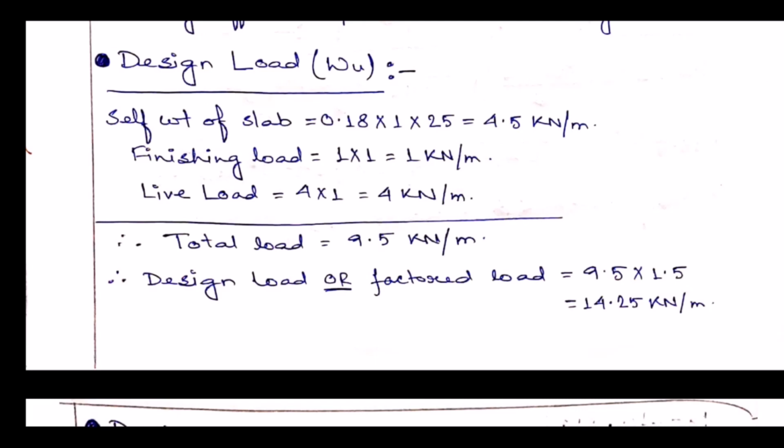So the self weight of the slab is 4.5 kilonewton per meter. Floor finish load is given as 1 kilonewton per meter.